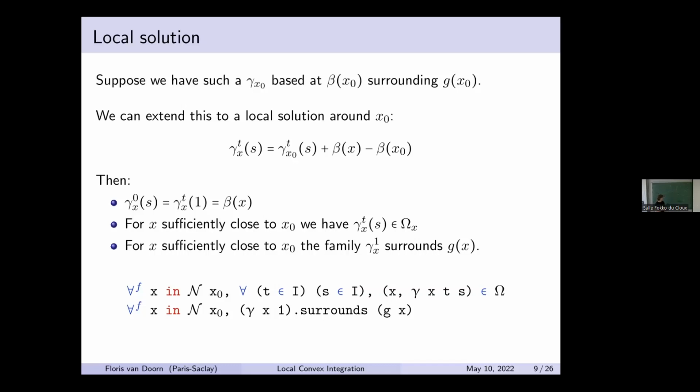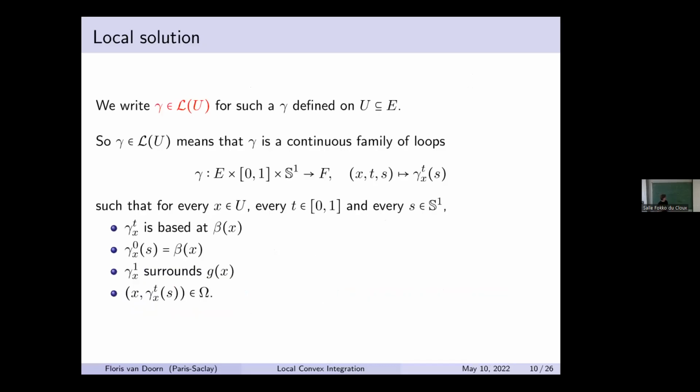Okay, so this gives us a local solution. For each point, we get a small neighborhood where we get a local solution of these families of loops. And now what we want, oh yes, let me introduce a little bit of notation.